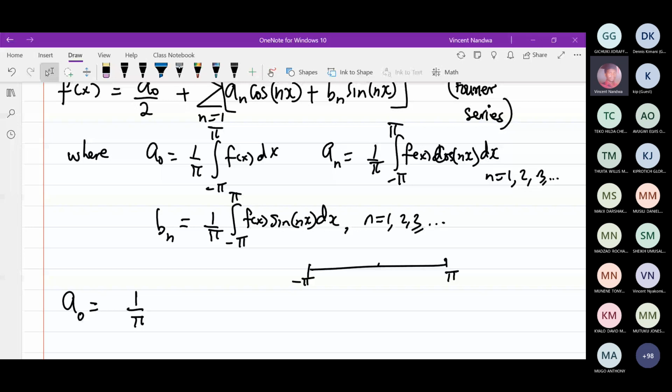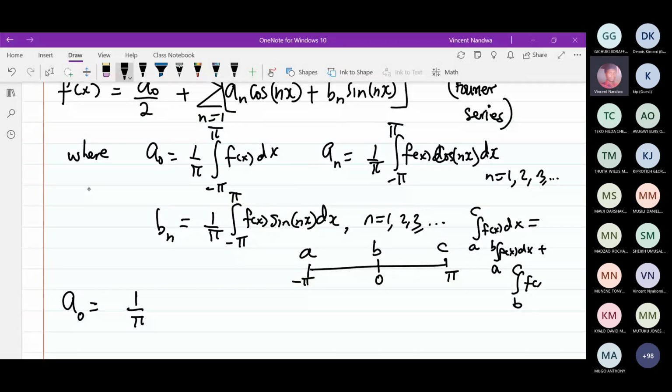And from your calculus, you know that if I call this a, this b, and this is c, the integral from a to c of a function f of x is the same as the integral from a to b, plus the integral from b to c. So when you split the interval of integration, we can describe the integration from the endpoints by the summation of the 2 sub-intervals.